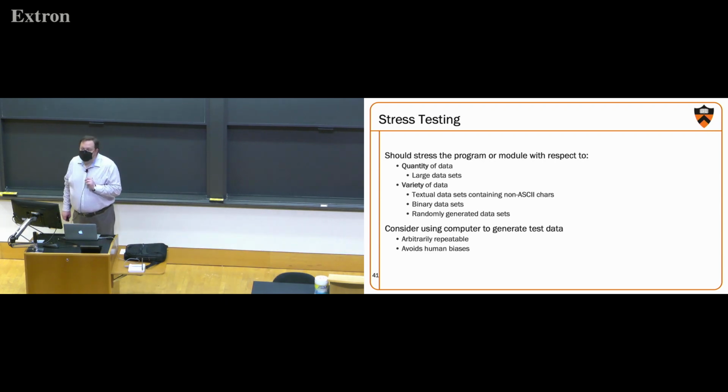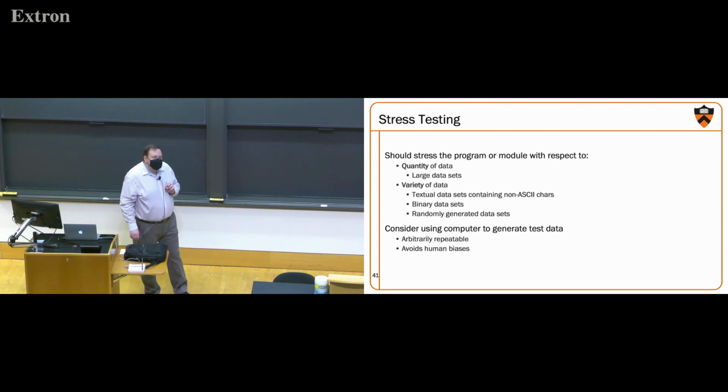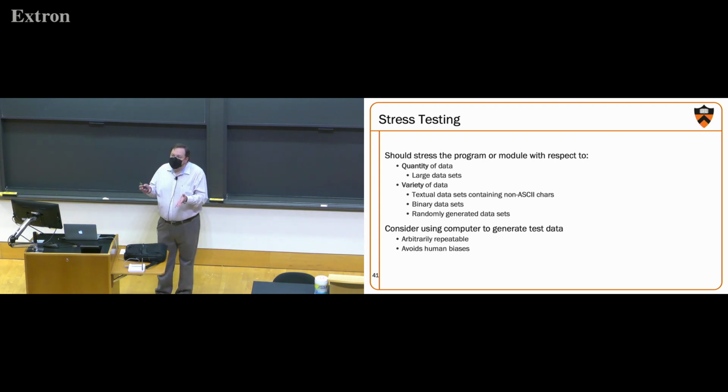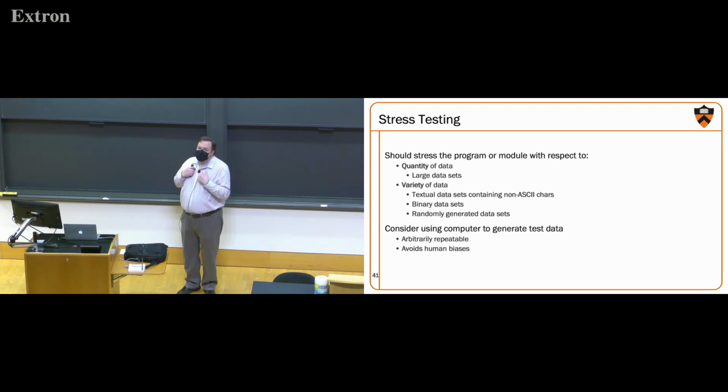Make sure it handles big data sets, textual data sets, non-textual data sets, binary data sets, random data sets. So, stress testing. Make sure that your code deals with unexpected inputs. And the best way to do that is, you as the programmer shouldn't be the one generating those inputs. Think of programs that generate inputs for stress testing.